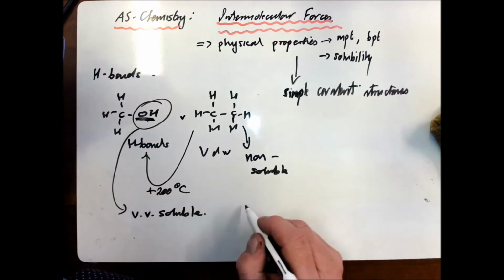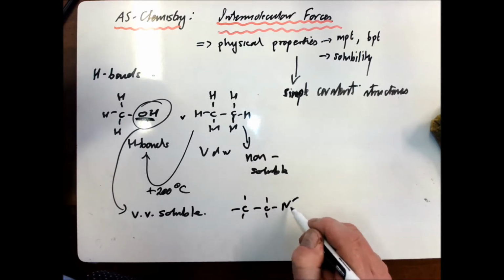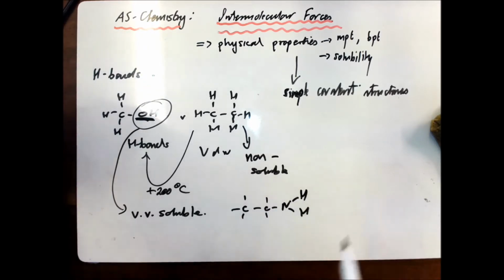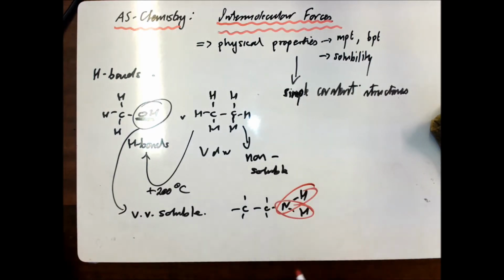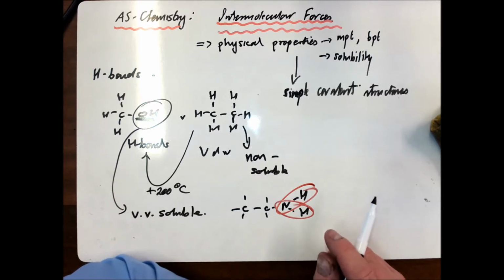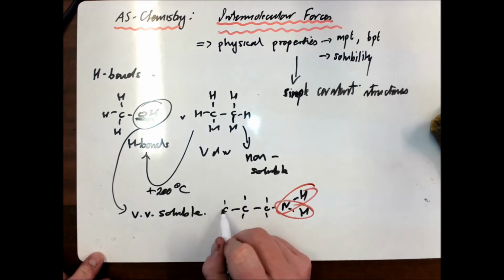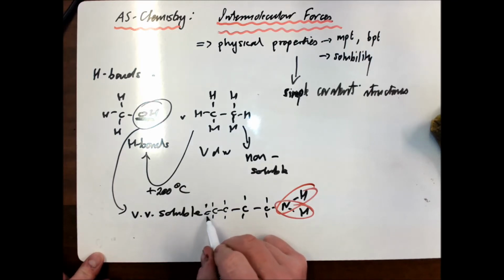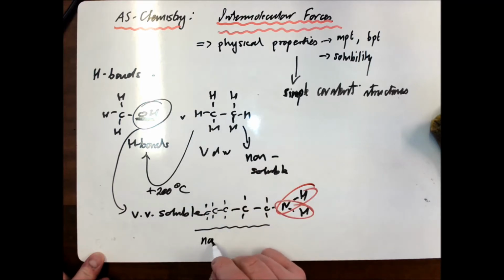If I was to take another organic molecule, something like this, would that be soluble in water? Well, yes, it would, because you've got these groups here which allow hydrogen bonding to occur. This will also have a relatively high melting point. When you start making the carbon chain here longer and longer and longer, remember this carbon chain here is like this, it's non-polar.